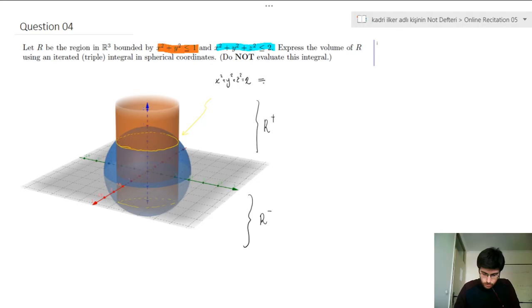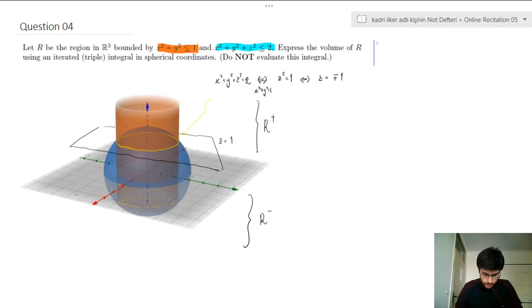If you really want to understand the intersection, just solve the equations at the same time. The usual trick. And therefore we have exactly z equals plus minus 1. Therefore the first yellow circle lies in this plane, z equals plus 1.